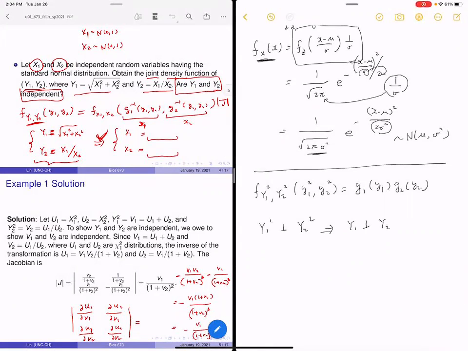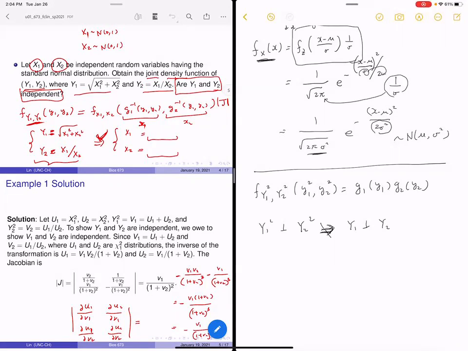My previous student asked me about this: do you have any case where Y1 squared and Y2 squared are independent, but Y1 and Y2 are not independent? Let me say it again, I'm sorry. Could you put forward any theoretical proof telling me that Y1 squared independent with Y2 squared implies Y1 independent with Y2?